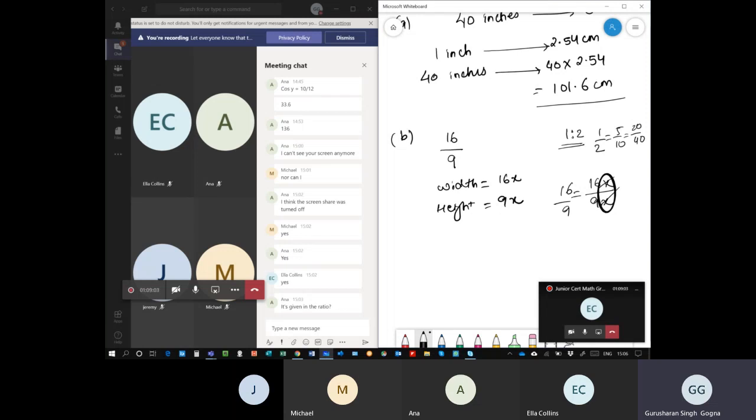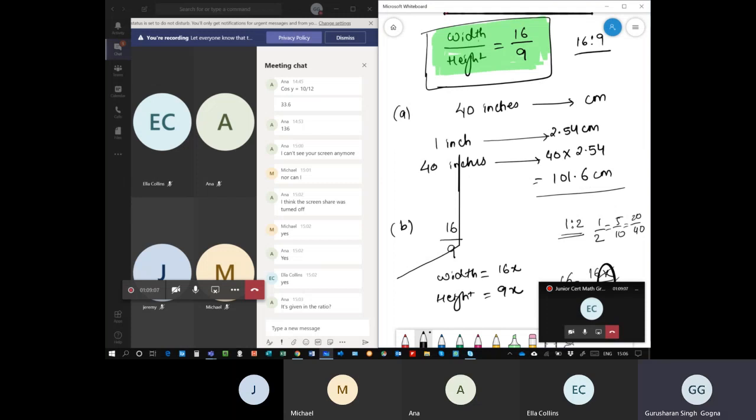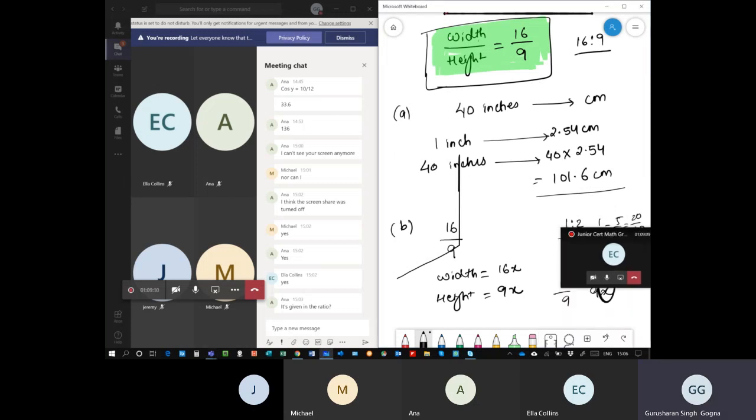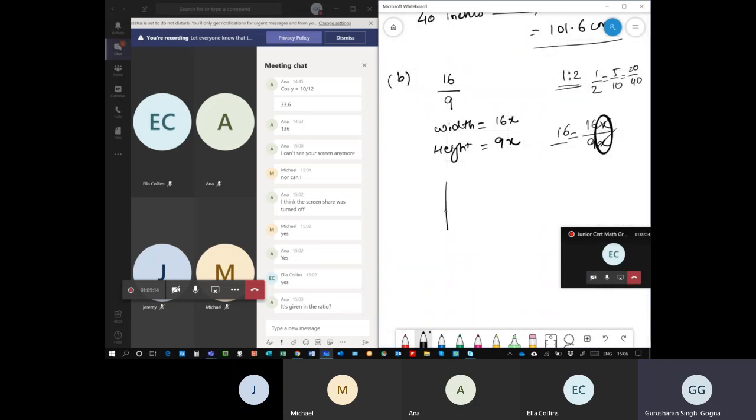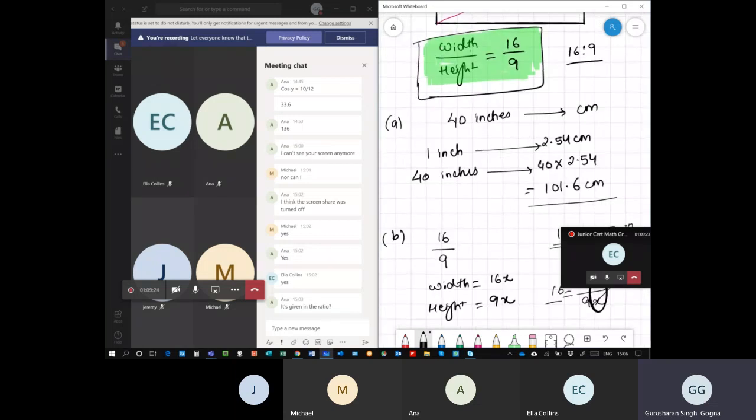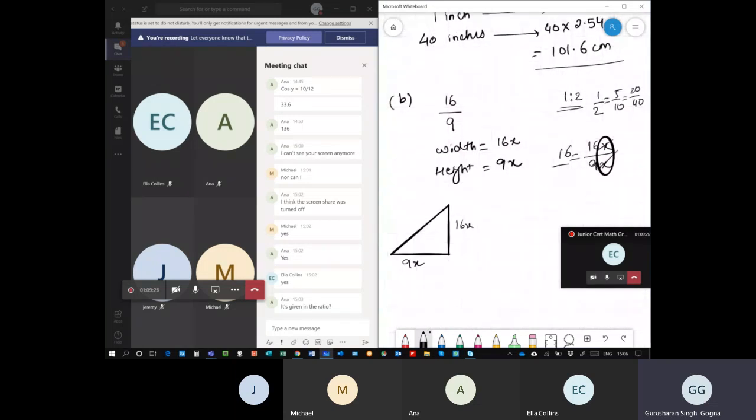And after that, it's straightforward because you have a right angle triangle. This is 16x, let's say, this is 9x. Wait a second, sorry. Width is 16 and that's 9. Sorry, it's the other way around. This should be 9, this should be 16, isn't it?